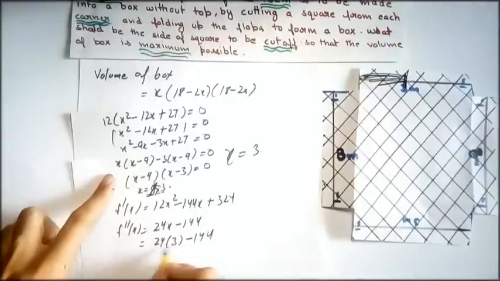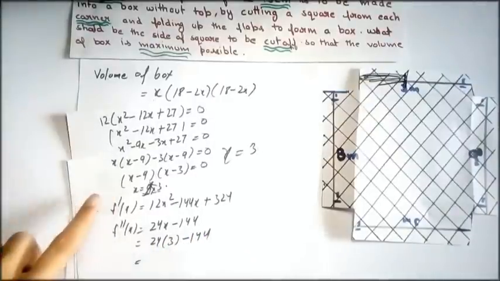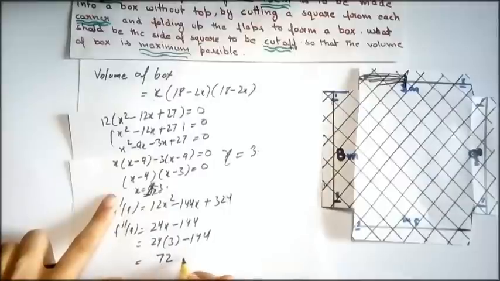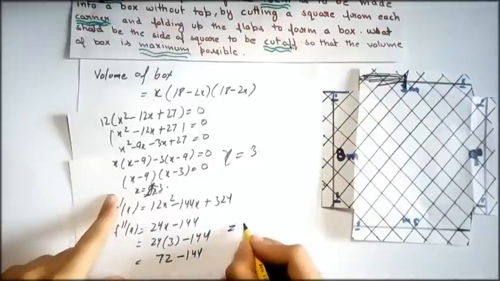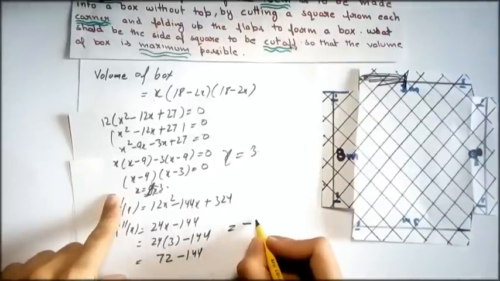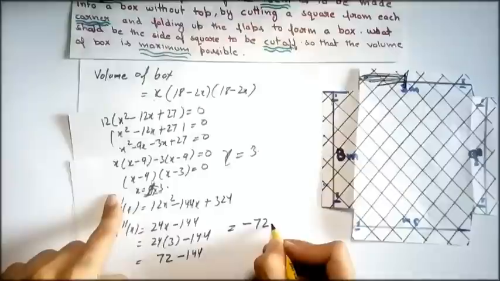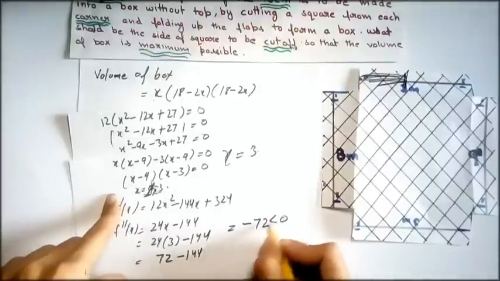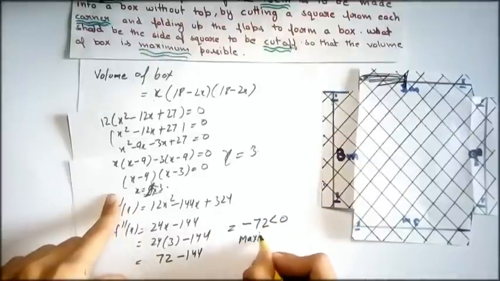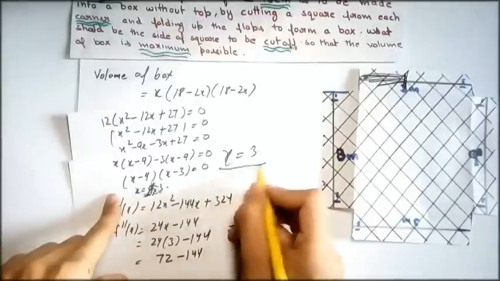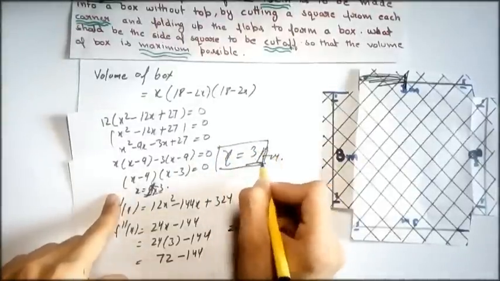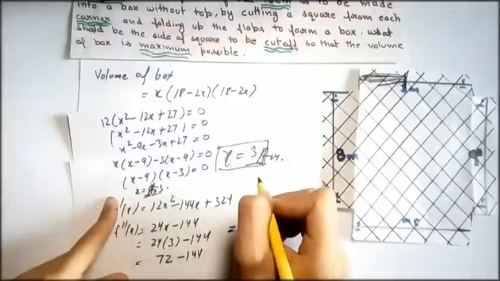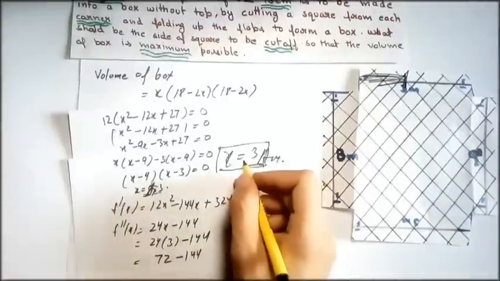Clearly it is getting negative, that is 72 minus 144, which is minus 72. So this is less than 0, which means it is a maximum. So the side of the square that is cut out, x is equal to 3, is our answer. So we have to cut out 3 centimeters from each side.